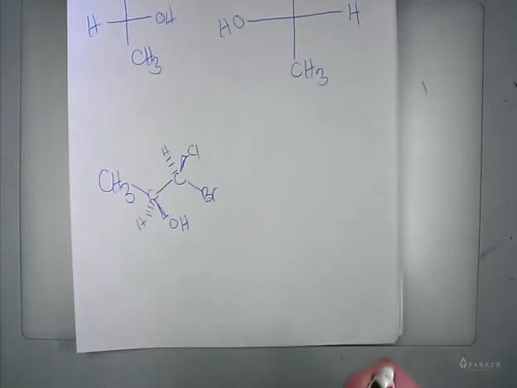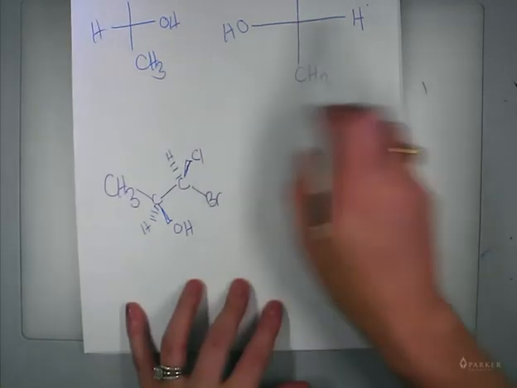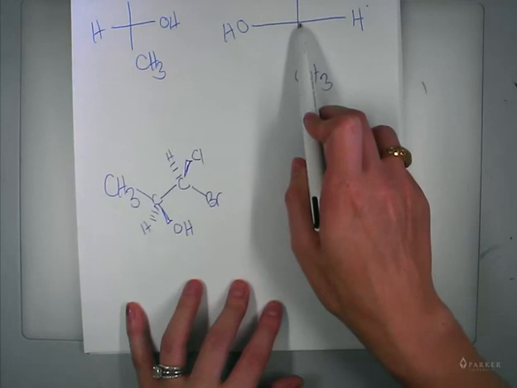All right, so here's the last one. How would I make this into an enantiomer? What am I switching here? So here I switch left and right.